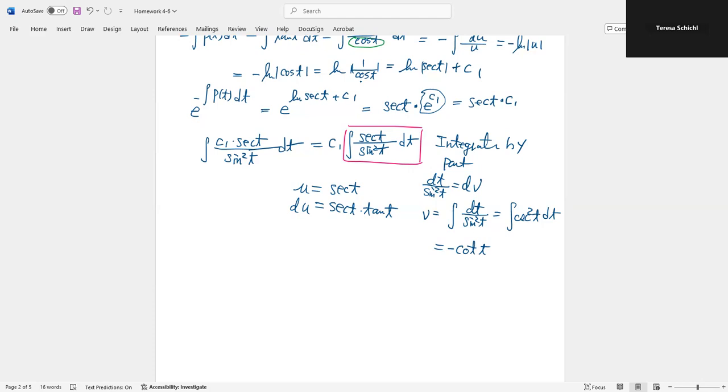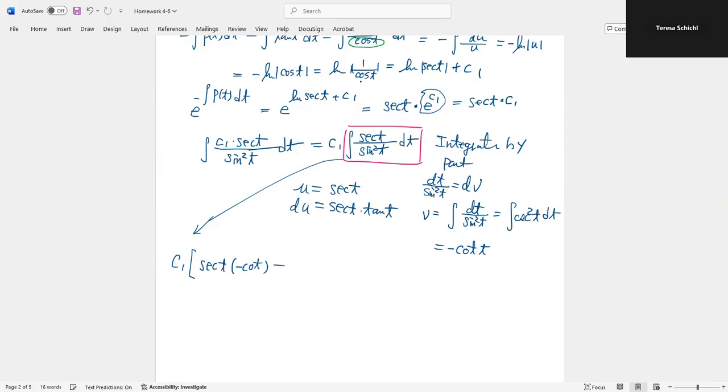Now I will do the uv. So this will be c1 times uv, so it's secant t times negative cotangent t, uv minus the integral of v du.